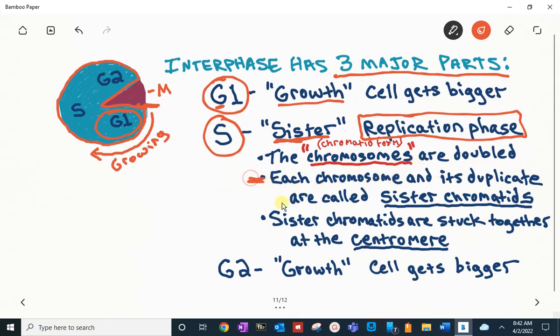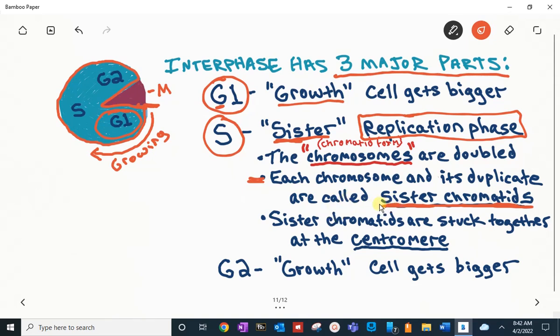So each chromosome doubles during this S phase. And so now we have two sets of chromosomes, and those are called sister chromatids. The double form of the chromosomes are sisters. We refer to them as sisters.